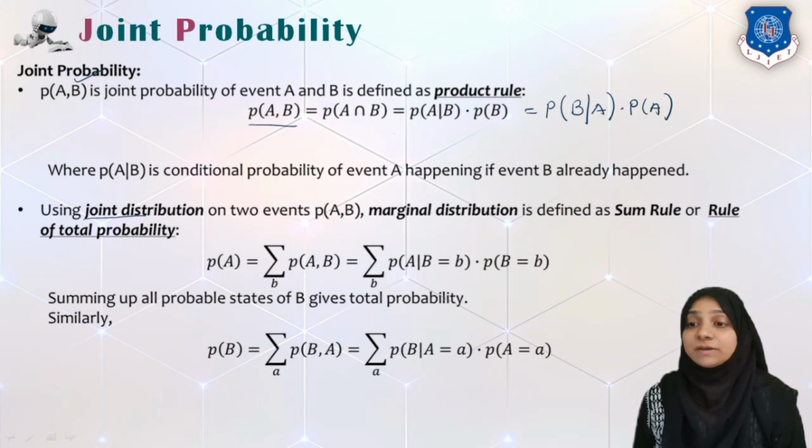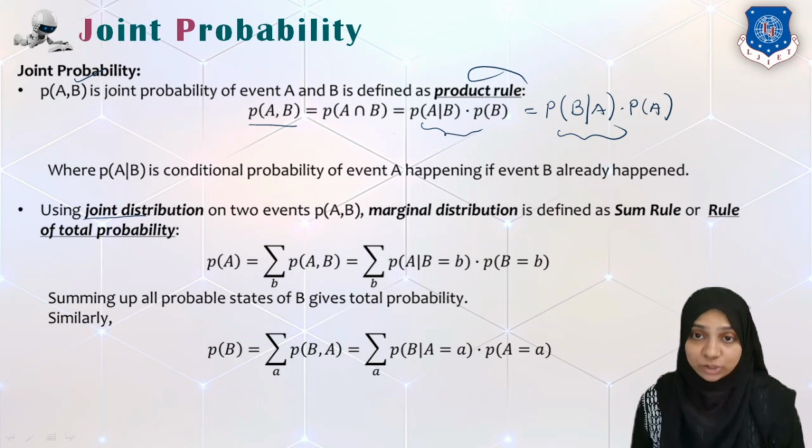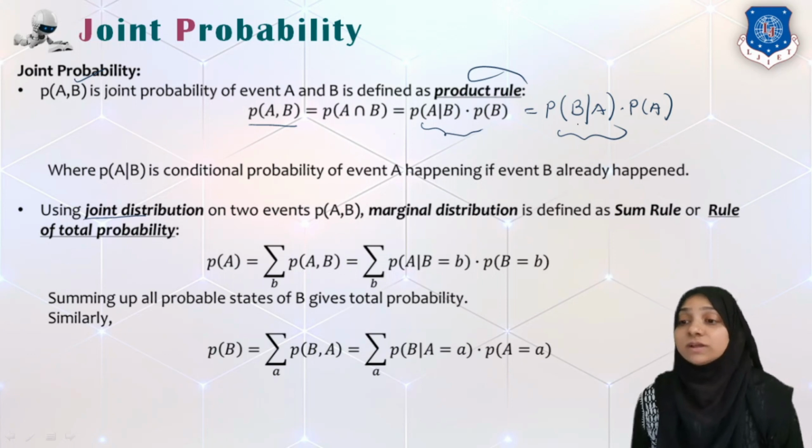Now this particular formula, either this one or this one, is called the product rule. Product rule states that joint probability can be found using conditional probability into probability of an event.